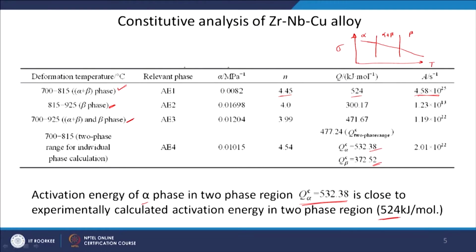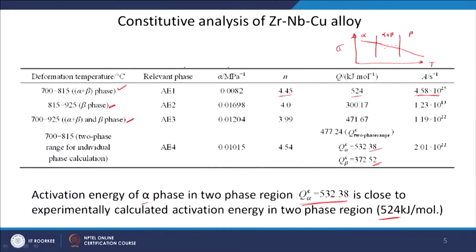So that is extrapolated, let us say, for alpha into the two phase region. Similarly, for beta phase the flow stress was extrapolated from the higher temperature range into the lower temperature range.